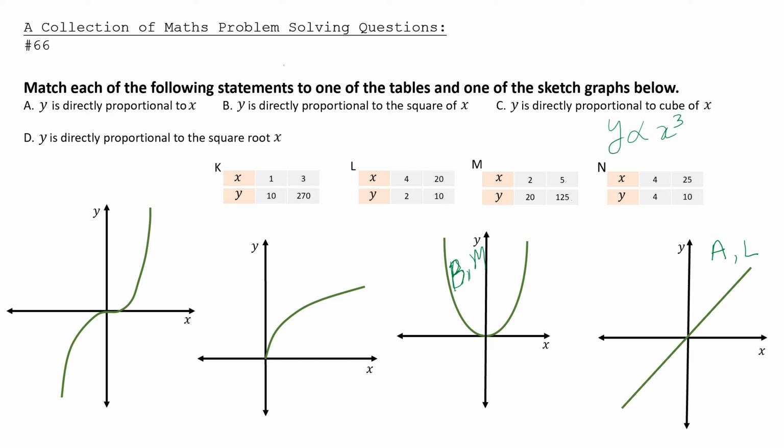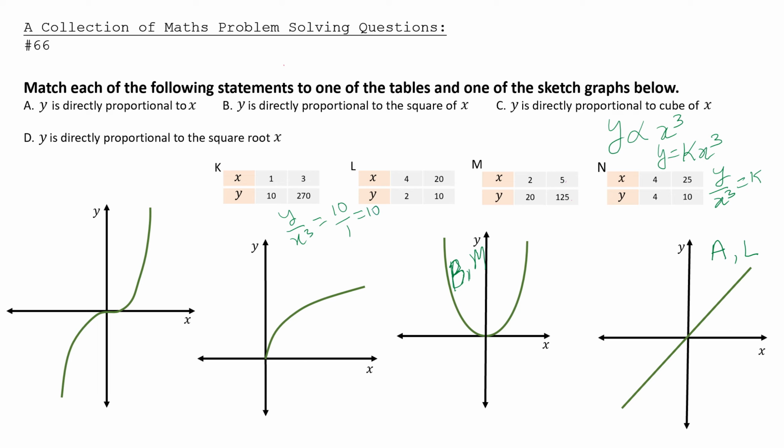We can write y equals k x cubed. That would mean y out of x cubed should be the constant k. We've already filled in for L and M, so let's look at K. y out of x cubed: y is 10 and x cubed is 1, so that's 10.